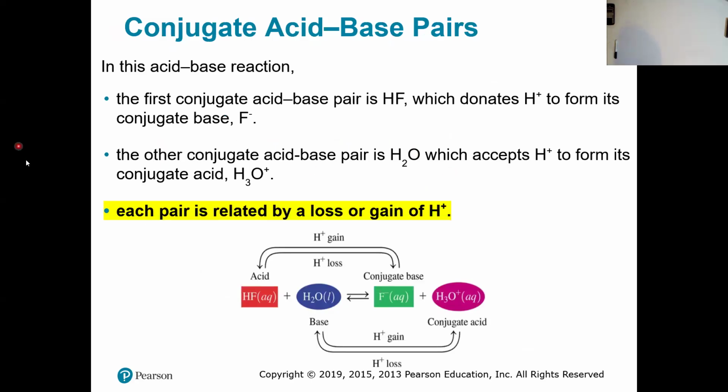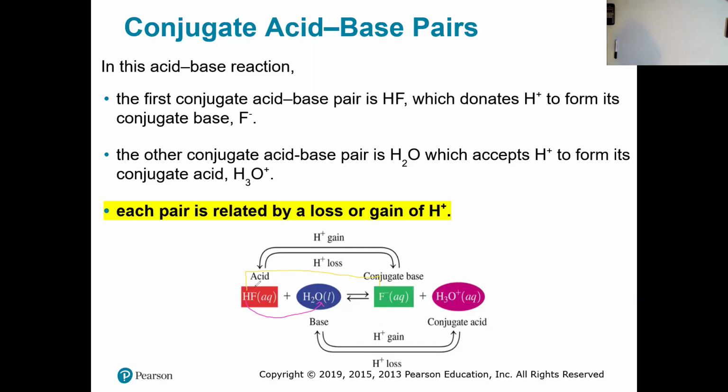So look at this reaction here. We have HF plus H2O. And what happens with the HF is that it's going to donate its proton to the H2O. That's what's happening here. So in terms of the pair that's forming, our HF turns into F minus, because it loses that proton.